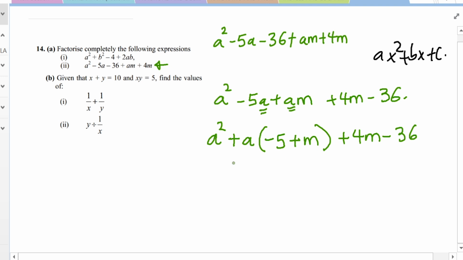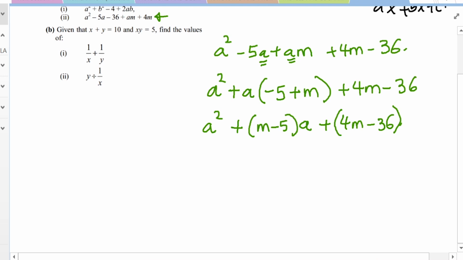This is the same as saying a squared plus m minus 5 in brackets, times a, plus 4m minus 36. From what you can see here, I've just rearranged it in the form of ax squared plus bx plus c.